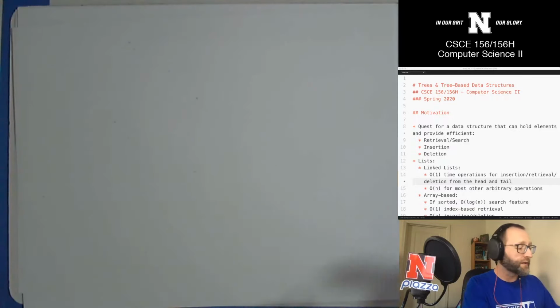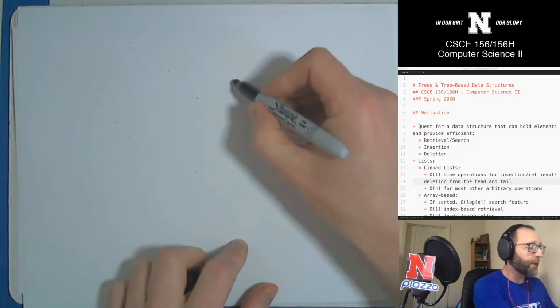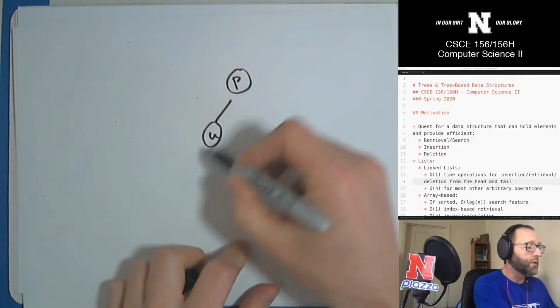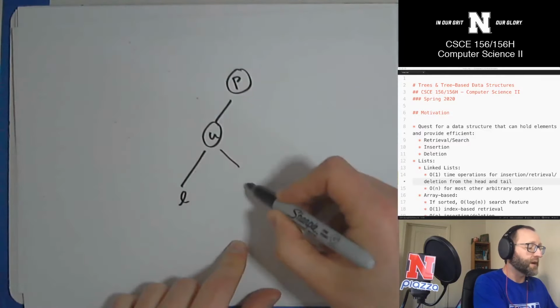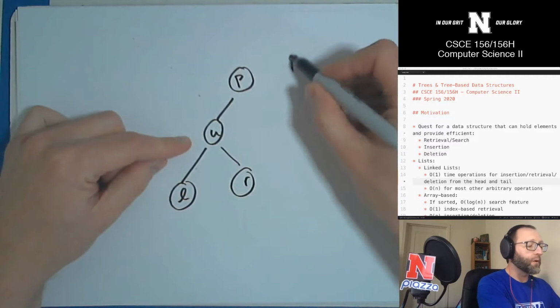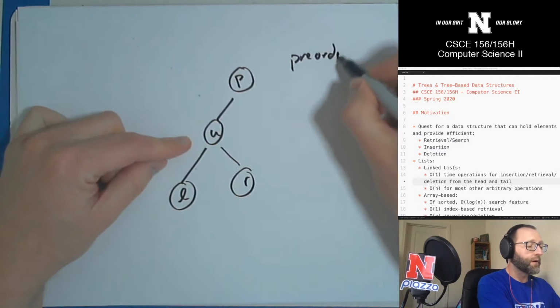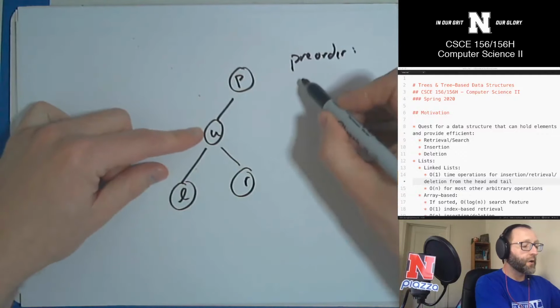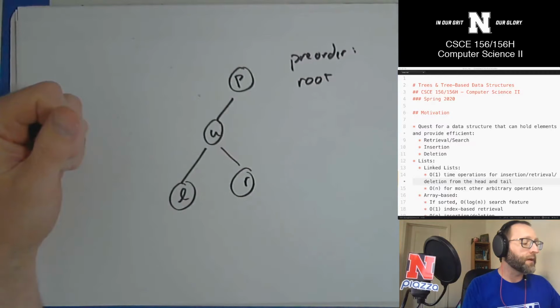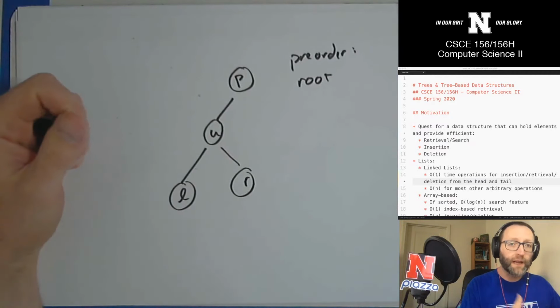All right. So in general, if you've got a parent and you've got a child, I'll just call it U, and then that child has a left child and a right child. Remember that a preorder traversal visits it by going with the root. And by root, we don't mean the root of the tree, but we mean the root at that particular node.